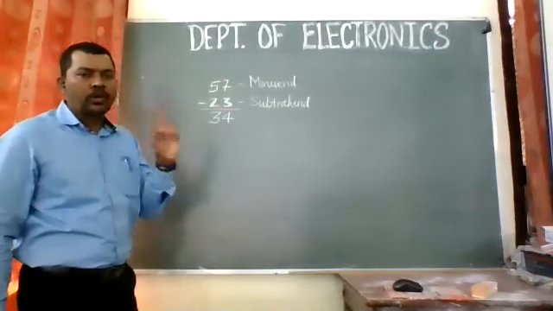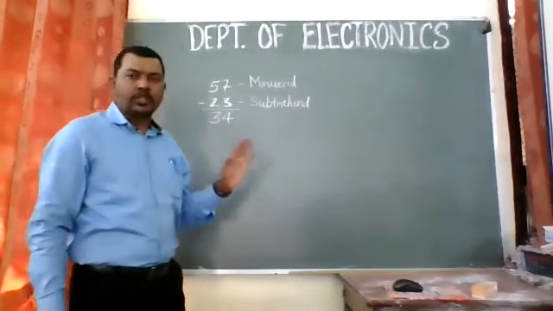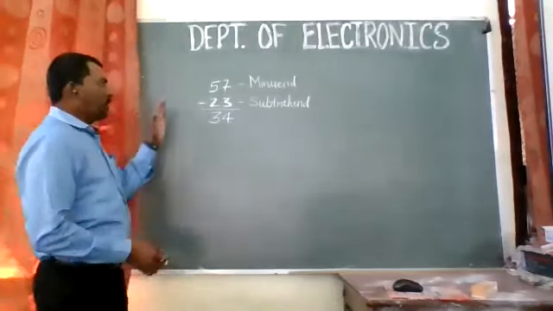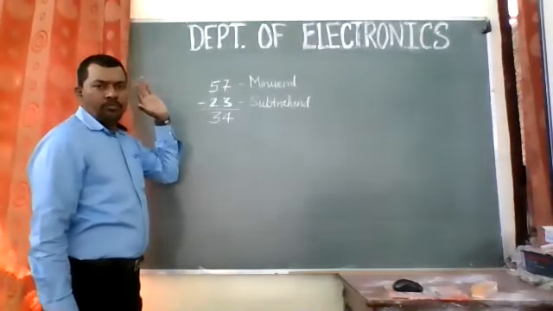So remember these two terms, and this is general for binary as well as for decimal. What we have done over here is simply subtract 23 from 57.